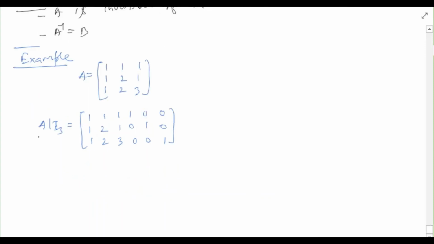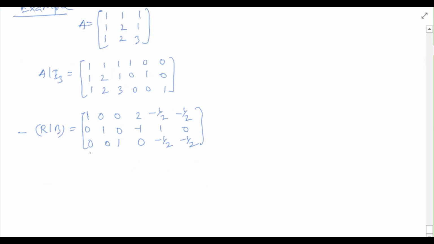If we apply a sequence of elementary row operations, it can be seen that A I_3 is row equivalent to the matrix R B, that is 1, 0, 0, 0, 1, 0, 0, 0, 1, 2, minus half, minus half, minus 1, 1, 0, 0, minus half, minus half.